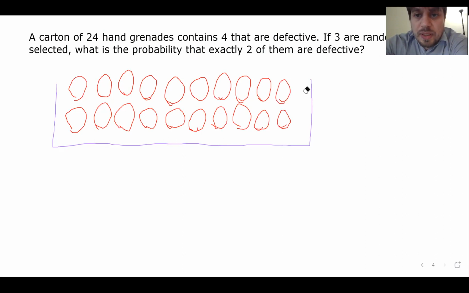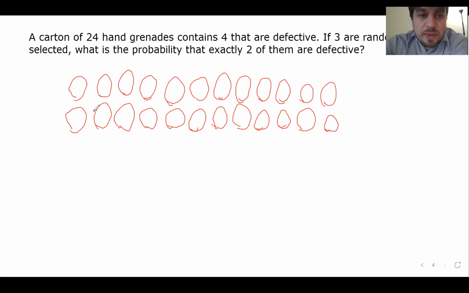I've run out of room. 21, 22, 23, 24. Okay, so you have 24 hand grenades in this box, right? And they contain 4 that are defective.